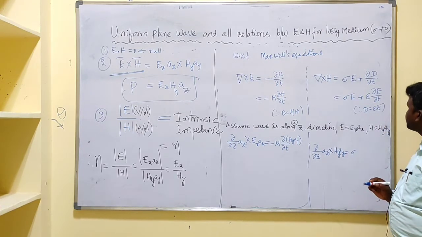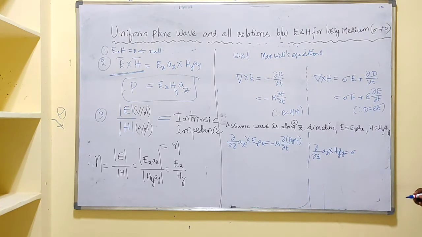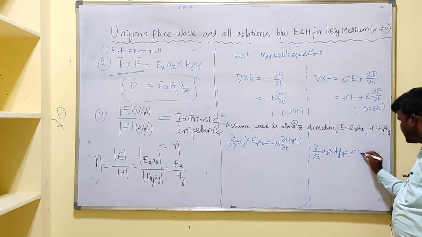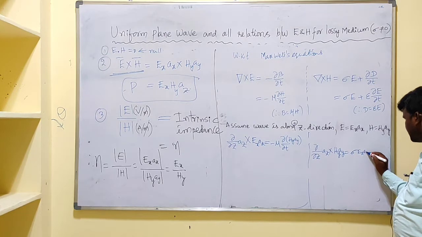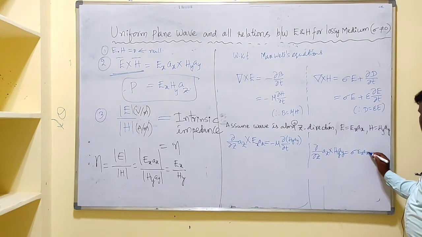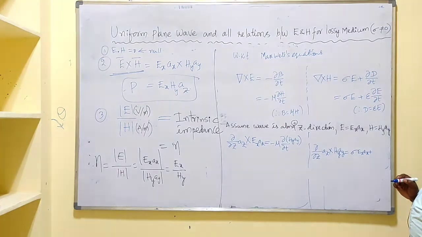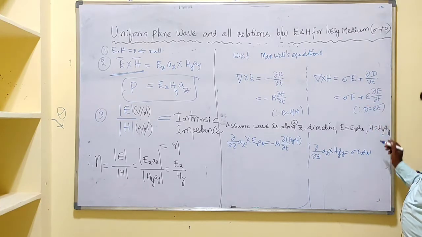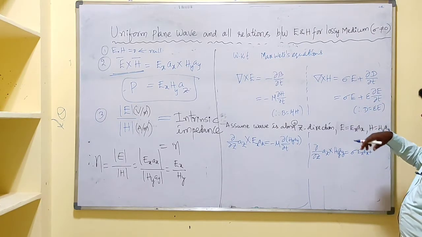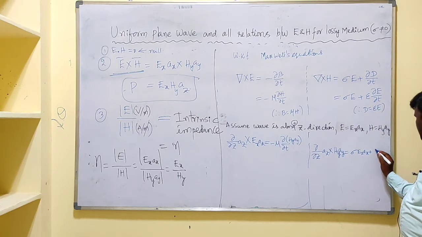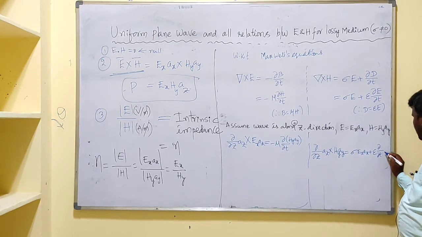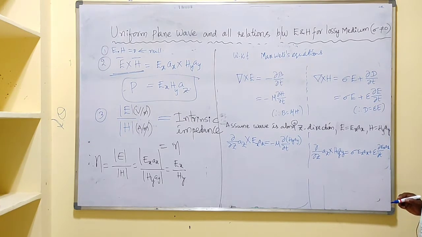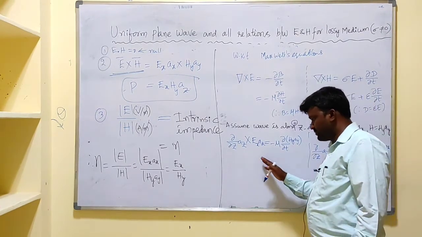So we get sigma Ex ax plus epsilon ∂Ex/∂t ax. Now let us simplify this one.